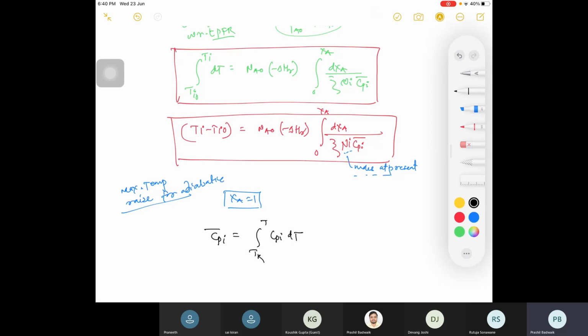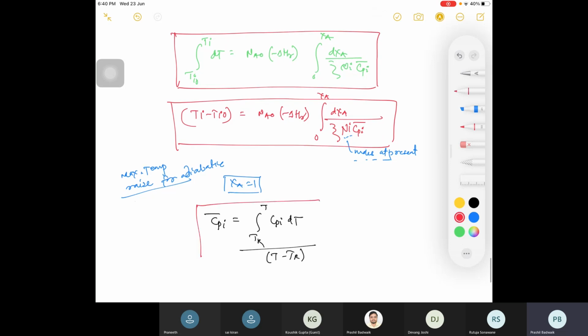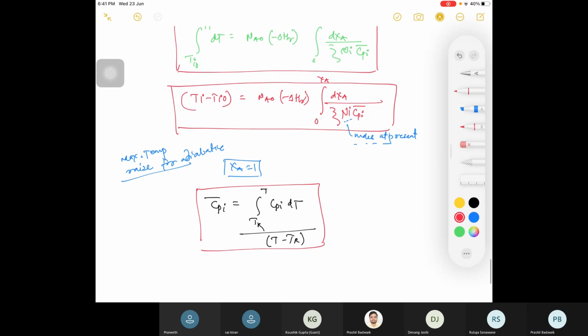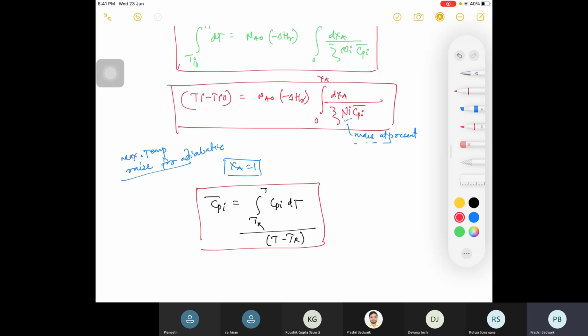We integrate CPi over T minus TR, just that value, no more change. If it is constant, then you can directly take it out as CP mean, else it is your integration value.